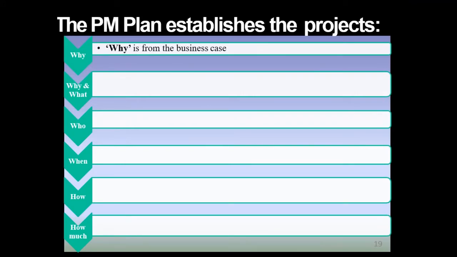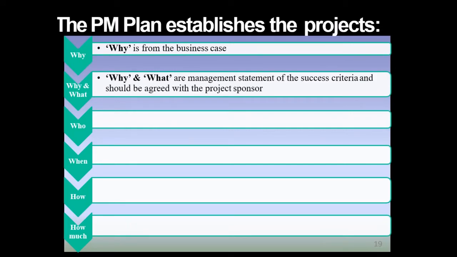First, why, from the business case, why and what are management statements of success criteria, which should be agreed with the project sponsor, who will do the work, and stakeholder awareness of the project. So all these questions are raised while planning.